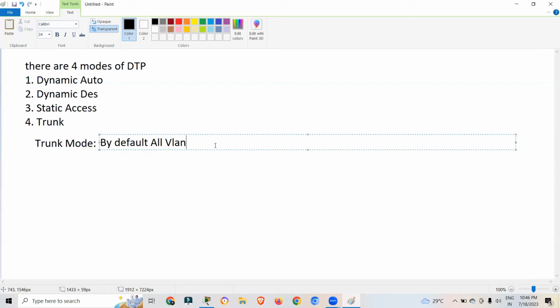By default, a trunk link will be a member of all VLANs. That means if your link is a trunk link, you can forward or receive the data of all VLANs, starting from 1 to 4096.